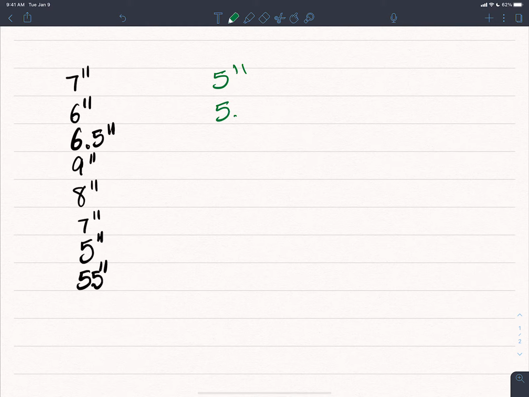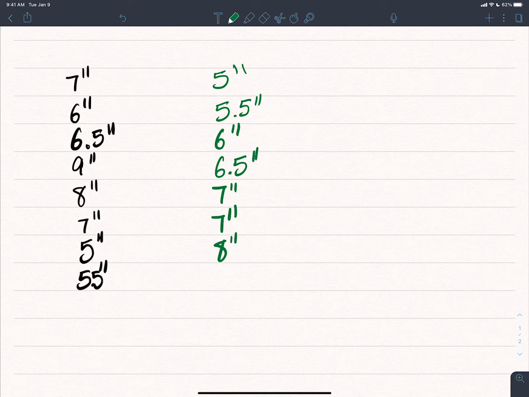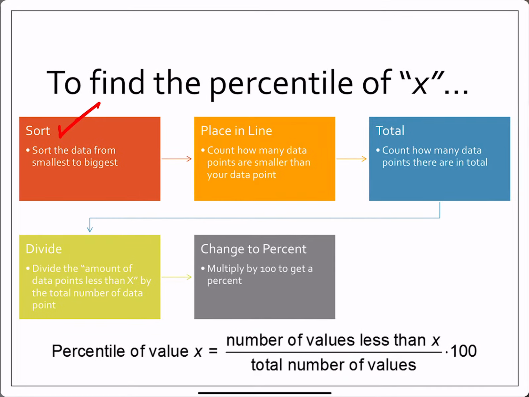Then we have 5.5 inches. Then we have 6 inches. Then we have 6.5 inches. Then we have 7 inches. We have another 7 inches. We have 8 inches. And then we have 9 inches. So we did step 1, put them in order.